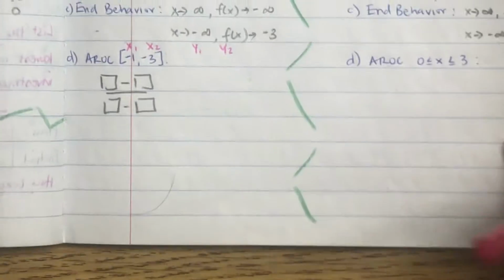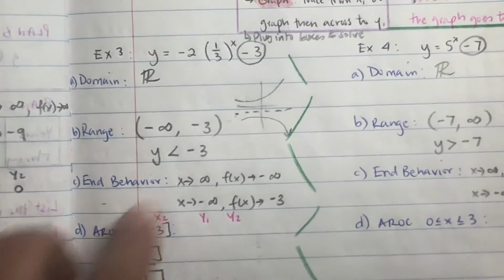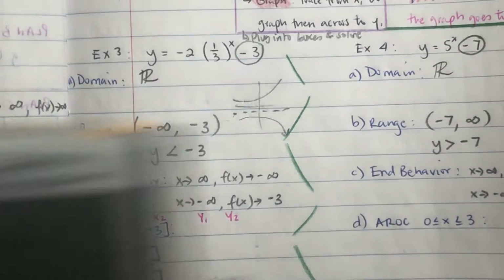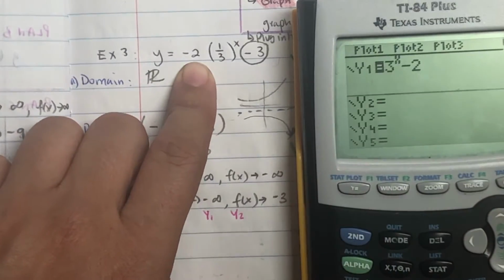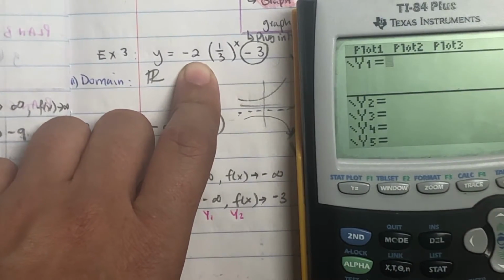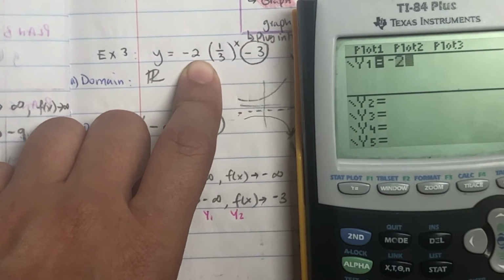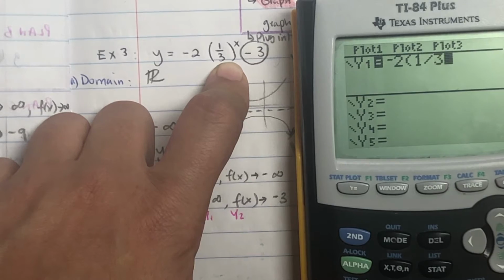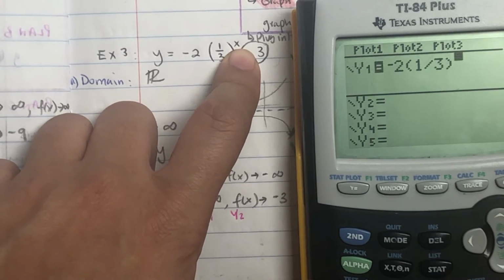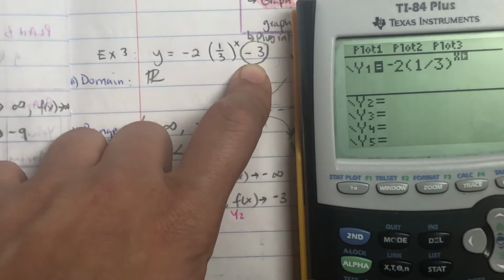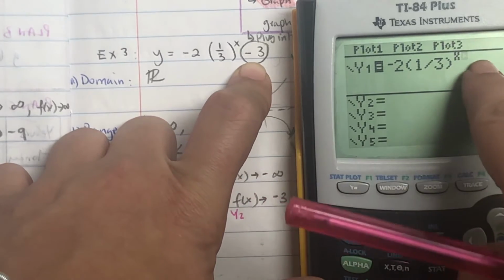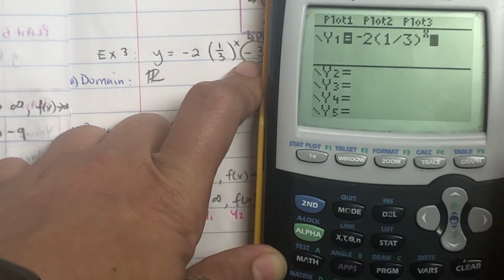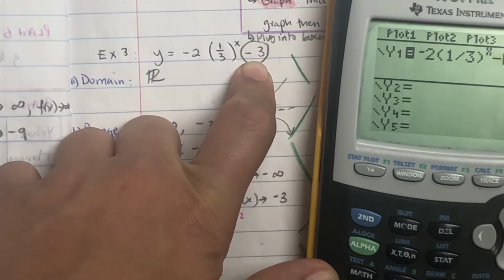Because it's an equation, you're punching that whole equation in the calculator. So you go y equals, clear what you have so far, and then go -2. Then I see a parentheses, 1 divided by 3, close parentheses, raise it to the x power, and then -3. Make sure you press the right arrow to get away from that, and then go -3.